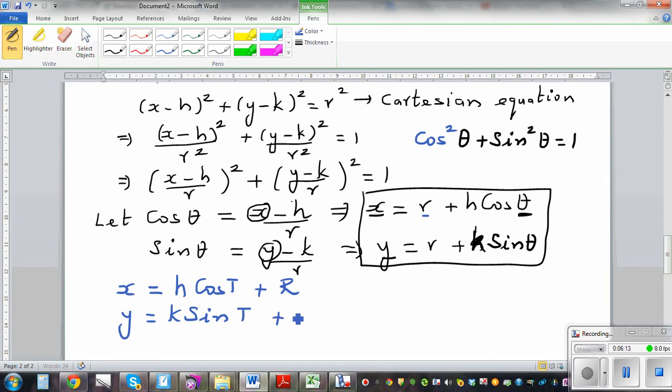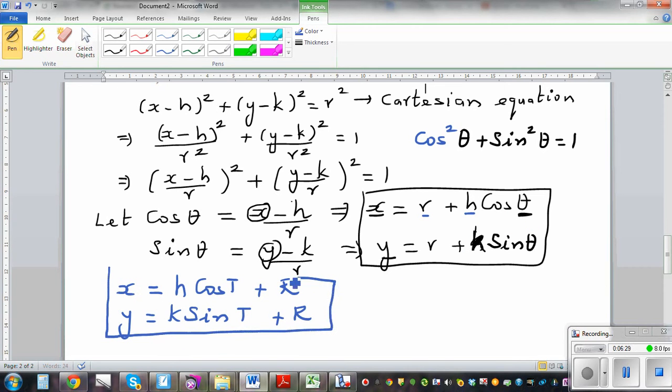It's also easy to remember: cos is the x coordinate of the circle, so I hope you can relate this.